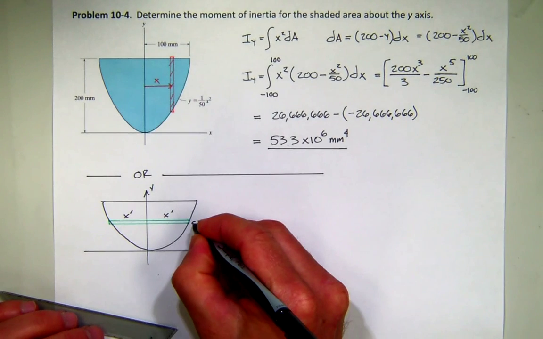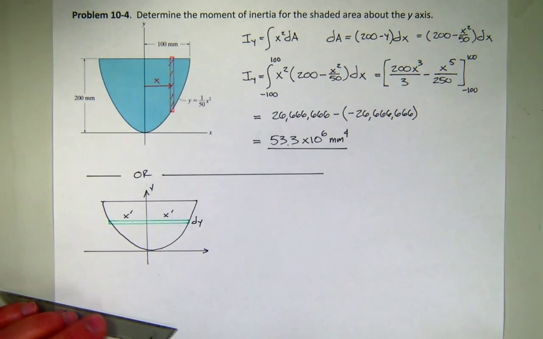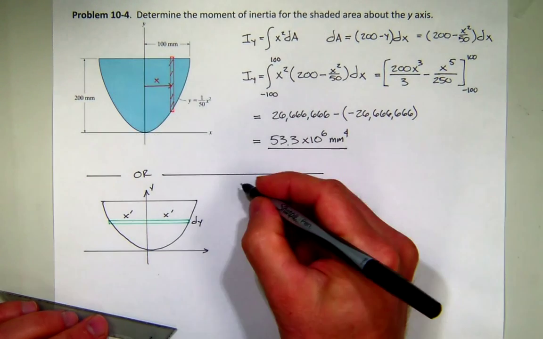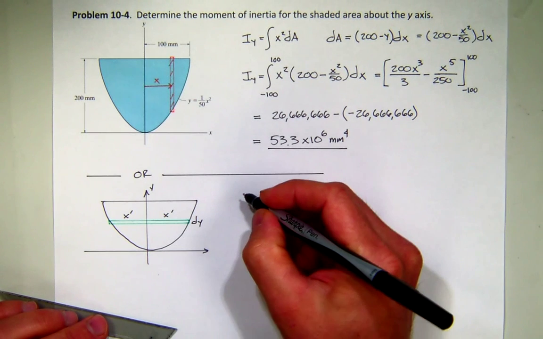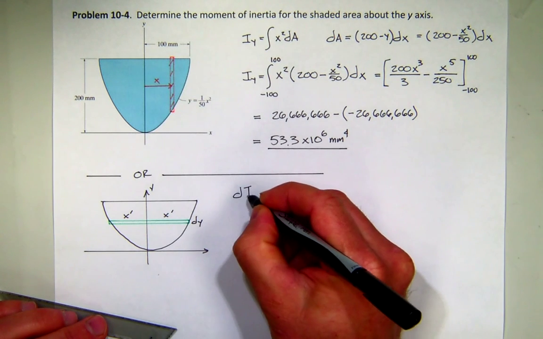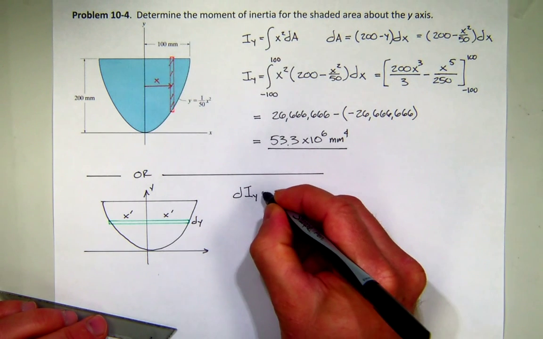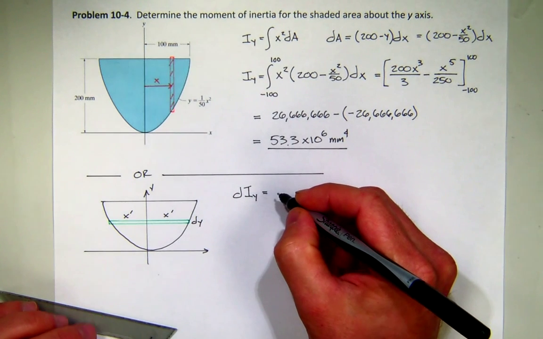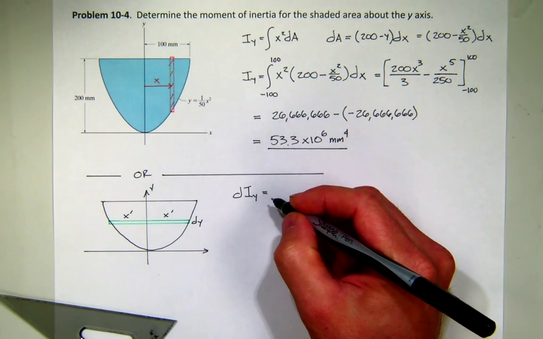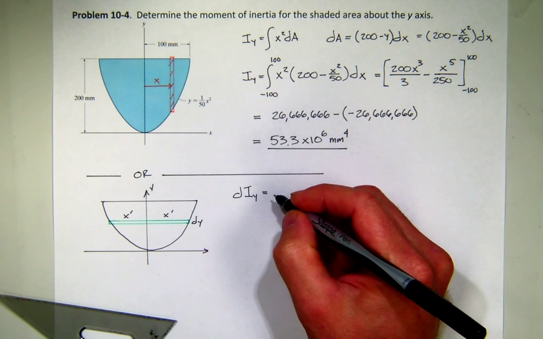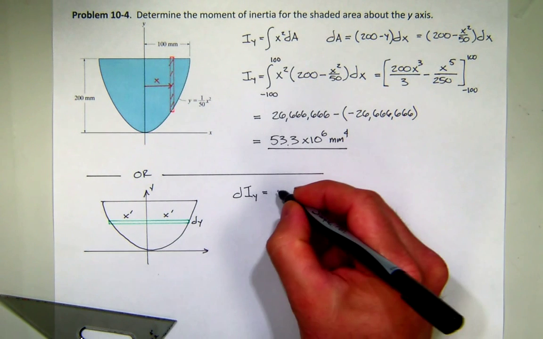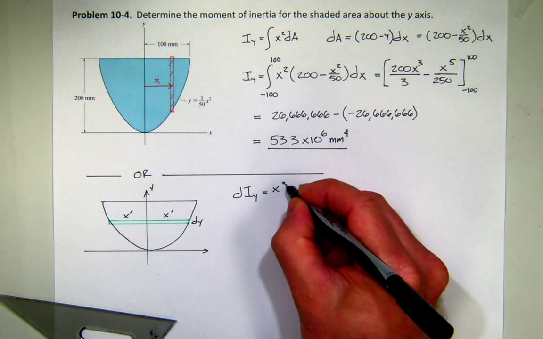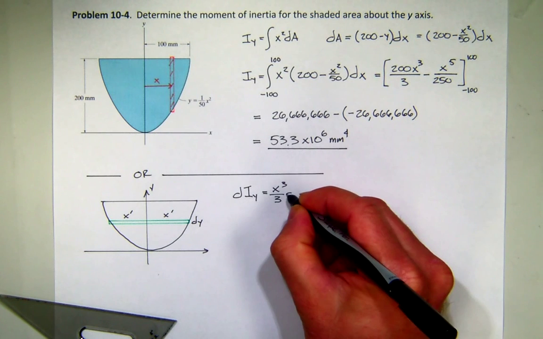And it's going to be dy thick. So by definition, my differential value should be, what should it be? X cubed, well, the total distance x cubed over 3 dy, right?